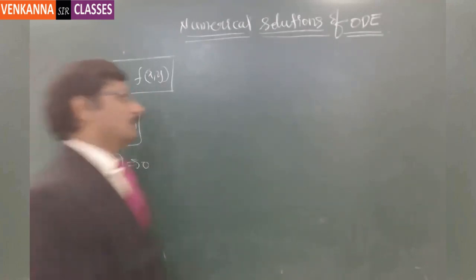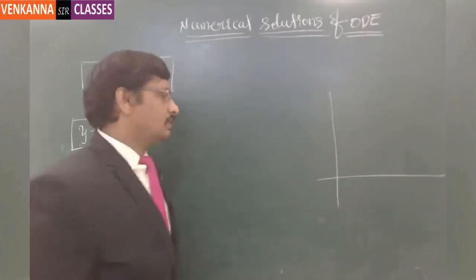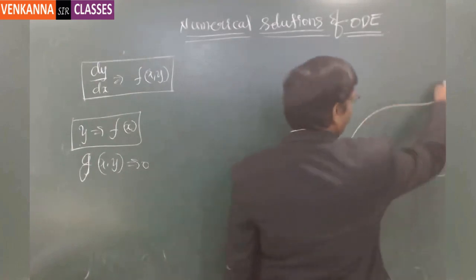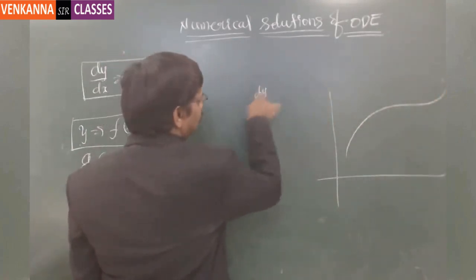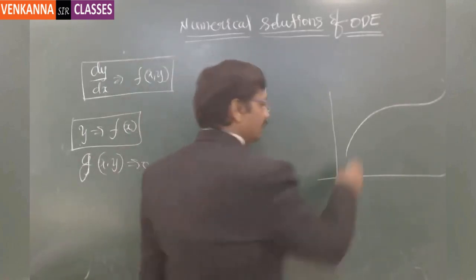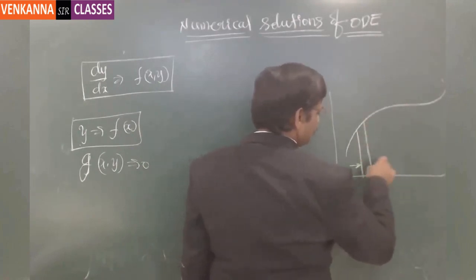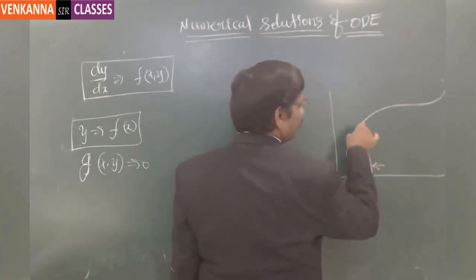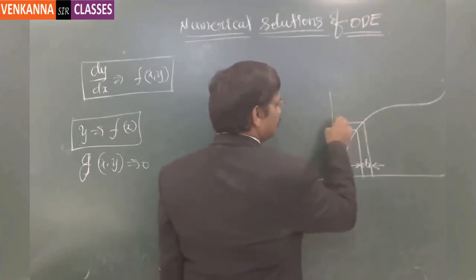Now here, by definition, the differentiation is nothing but dy by dx. So this dy by dx is nothing but you are trying to find the ratio between two different values. So this duration is dx, and this is the initial value and this is the final value.